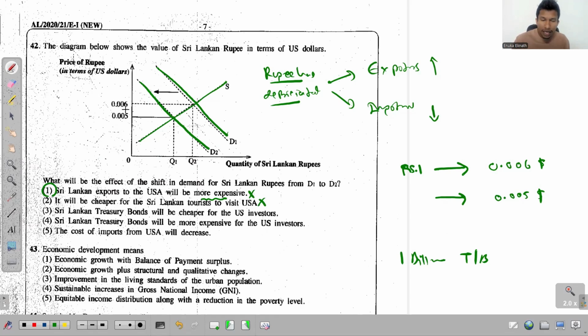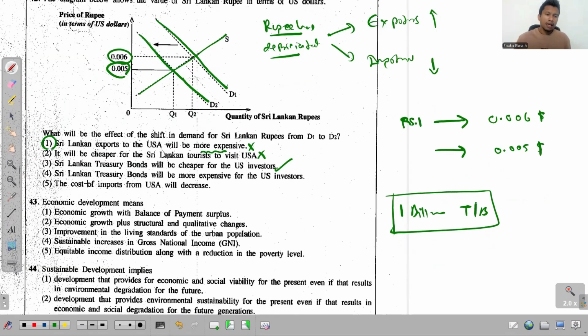In the first situation, they will have to pay $0.006 for every rupee that they invest here in Sri Lanka. But after this depreciation happens, they just need to pay $0.005 for every rupee that they invest here. And so now they can make investments at a cheaper price. So this is true then.